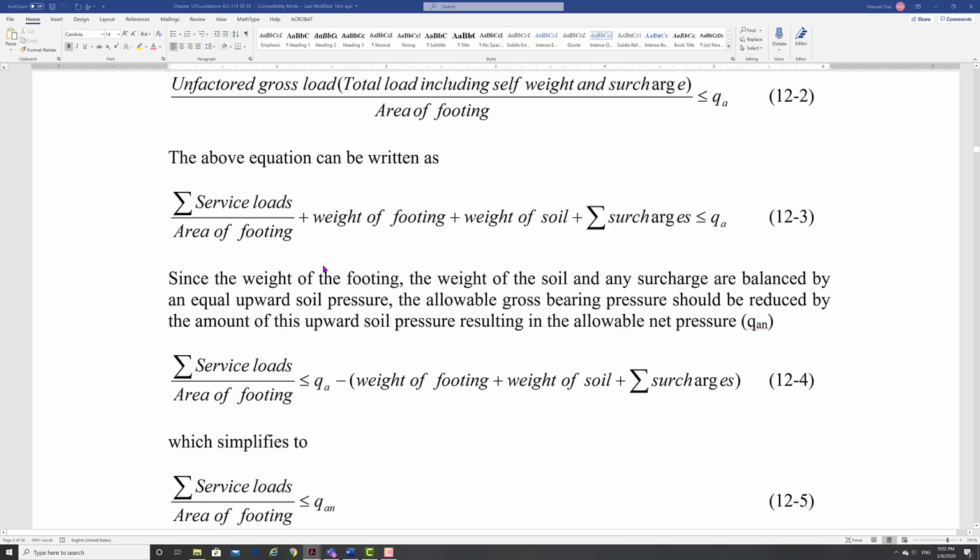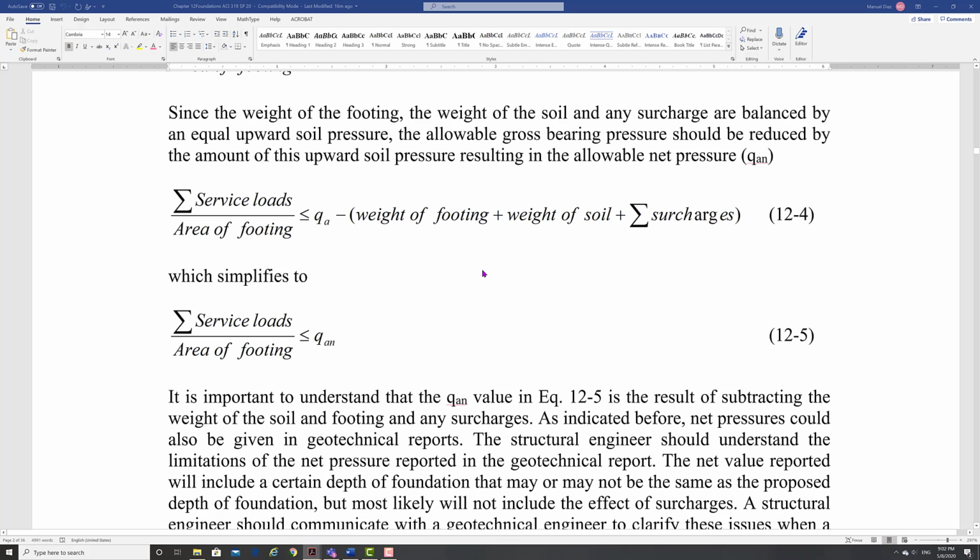The other way to do it is that you only look at your loads from your structure coming from your columns. But that means from this gross value, you need to subtract the weight of the footing, the weight of the soil, and any surcharges. All this now becomes your net pressure.